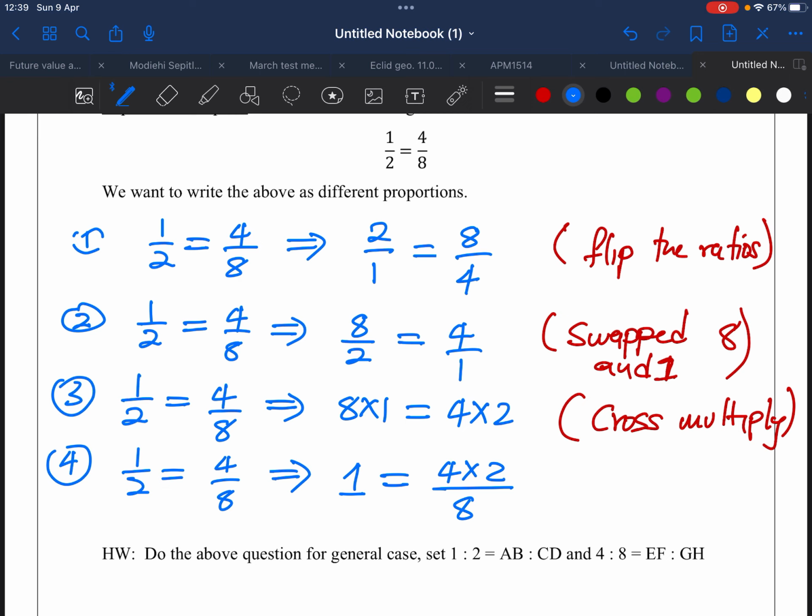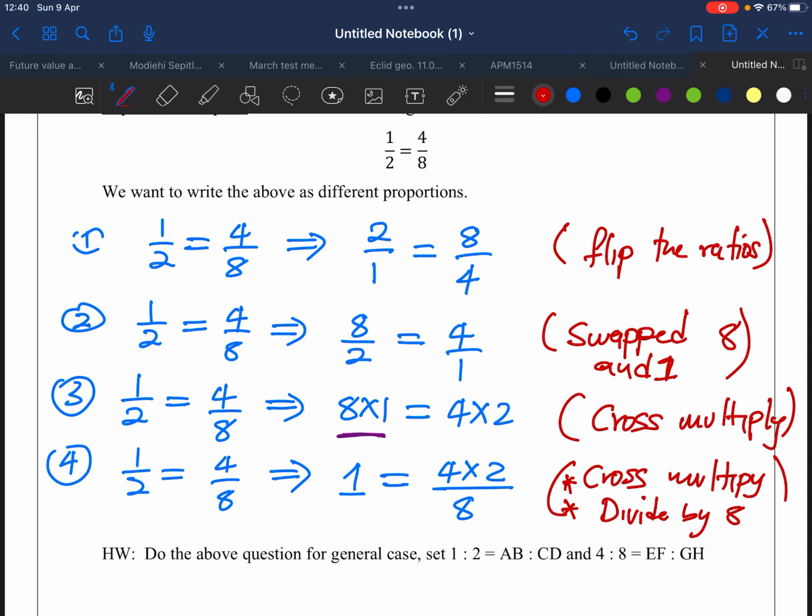From number 3, we just divide both sides by 8. So 8 divided by 8 is 1, and 4 times 2 divided by 8 is that. Our reason there will be cross multiply and divide by 8.